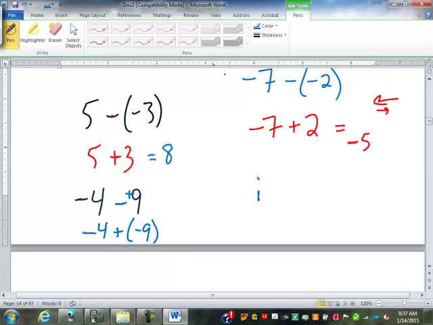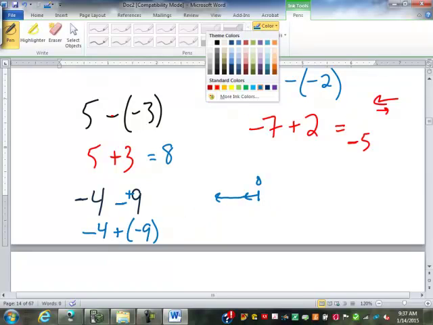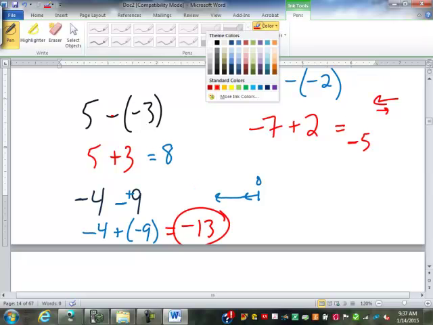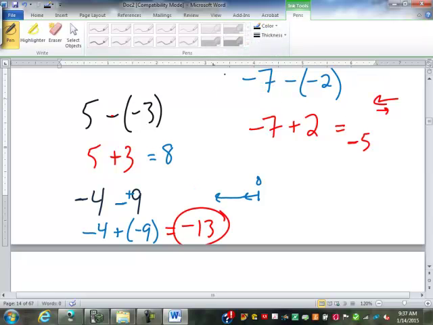So now we've got, here's 0. Here's negative 4. Negative 9 goes like that. So that means our answer is going to be positive or negative? Negative. Add or subtract? They both go the same direction, so we add. 4 and 9 make 13. So negative 13.